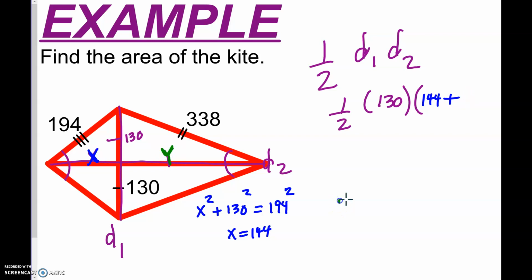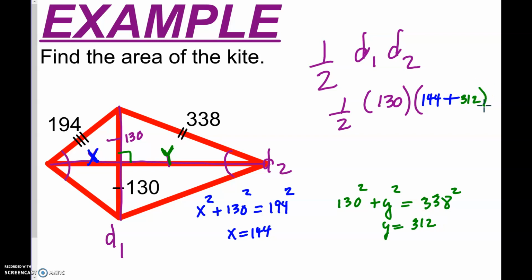So I'm going to set up 130 squared plus Y squared equals 338 squared, because remember, the diagonals in a kite are perpendicular, so we have right triangles in here. So 338 squared minus 130 squared, take the square root, and I got 312.